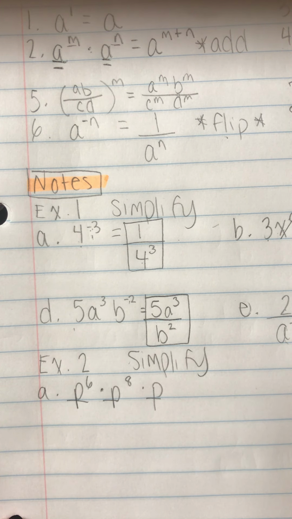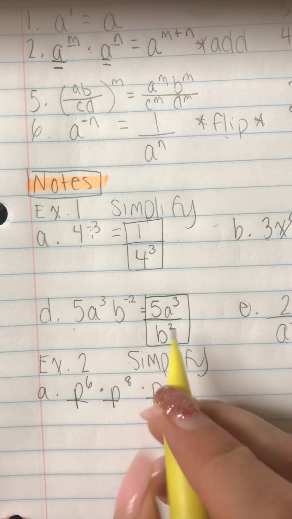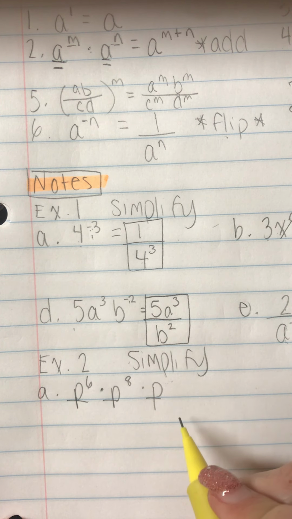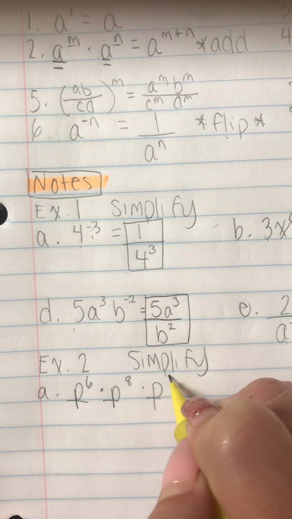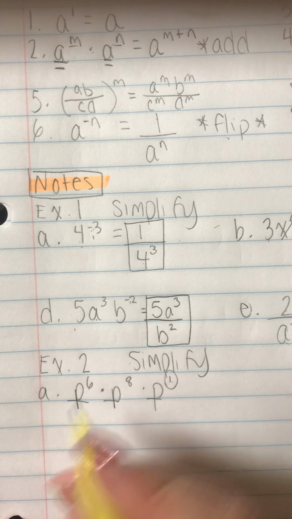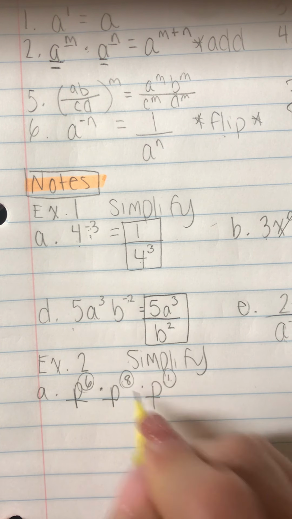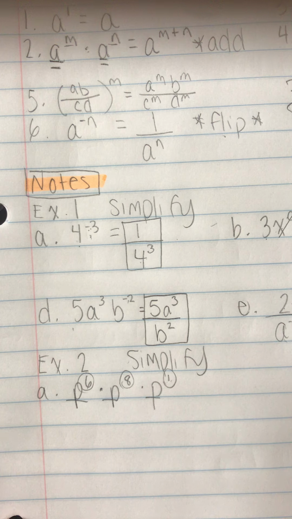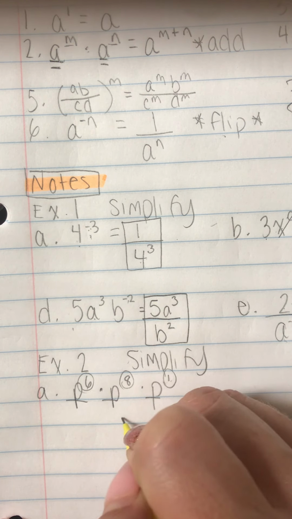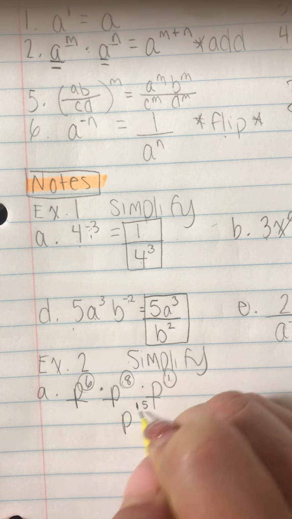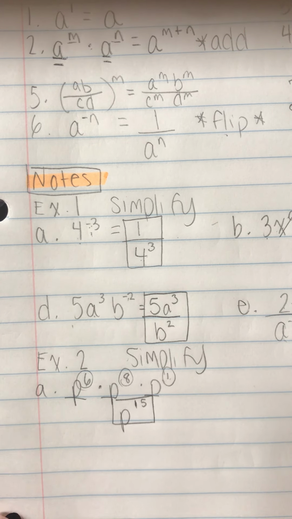So what do we do? We're going to add. Now question, what's this imaginary exponent right here? Hopefully you said 1. So let's add up all those guys I circled. 6 plus 8, hopefully we don't need a calculator. That is 14 plus 1. Final answer, P to the 15th power.